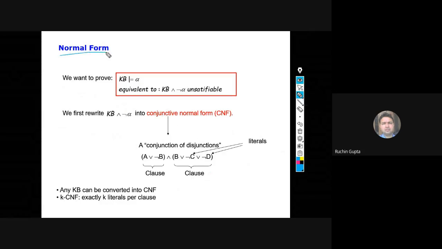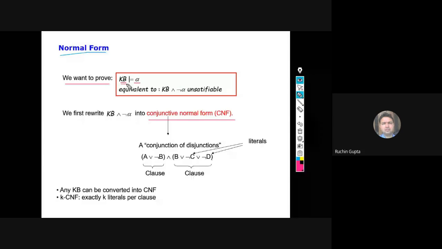What is the normal form in propositional logic? There are some inferencing methods like resolution which require that you convert your propositional statements into the normal form, called CNF, conjunctive normal form. The idea is that we are given a knowledge base KB, and we want to prove that the statement alpha can be derived from it.